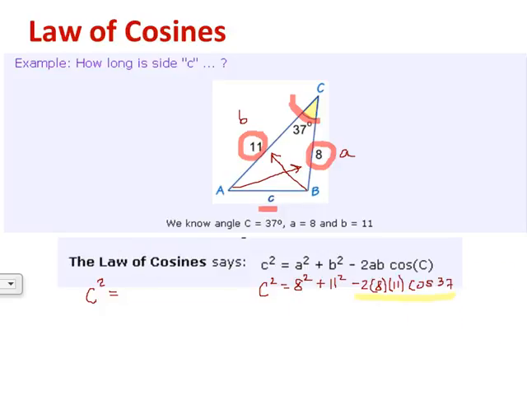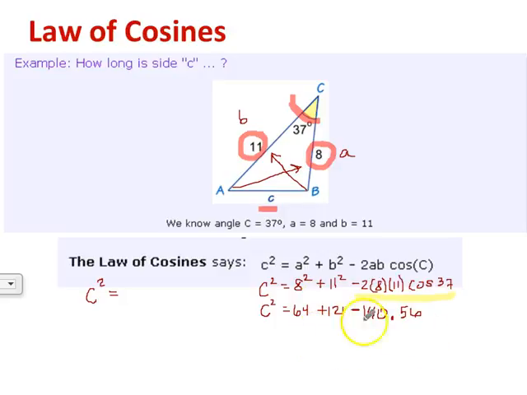When I do all that, I get minus 140.56. I like to go to 2 decimal places. And we've still got 8 squared, which I know is 64, plus 121, because I know 11 squared is 121.